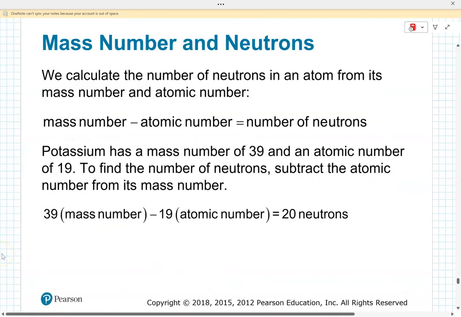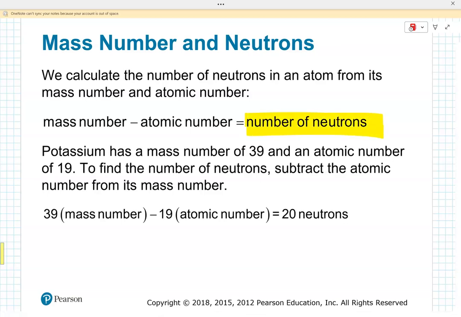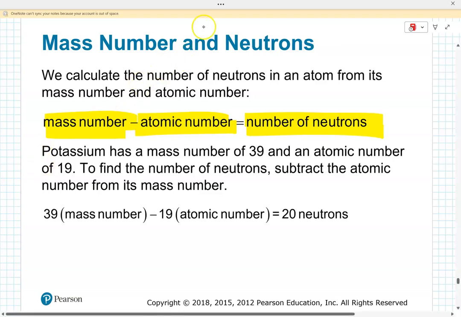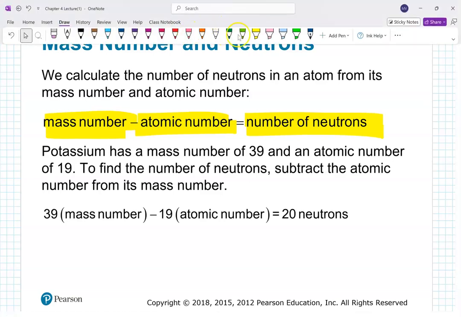So, in order to know how many neutrons an atom has, we can take the mass number and subtract the atomic number. Does that make sense to you or not? A good illustration of this would be to remember the definition of it.